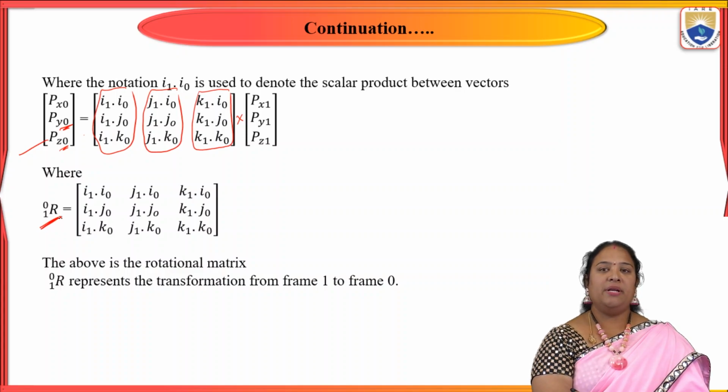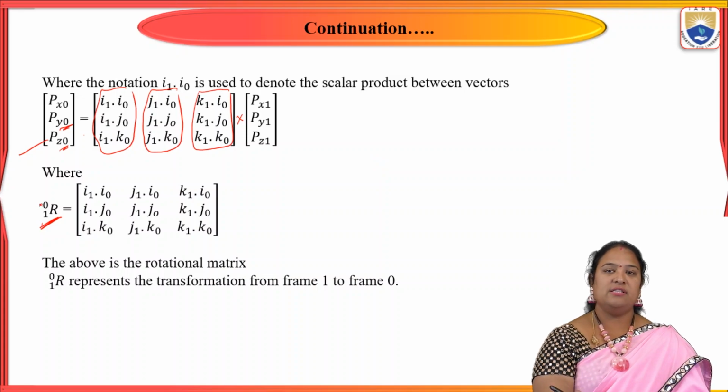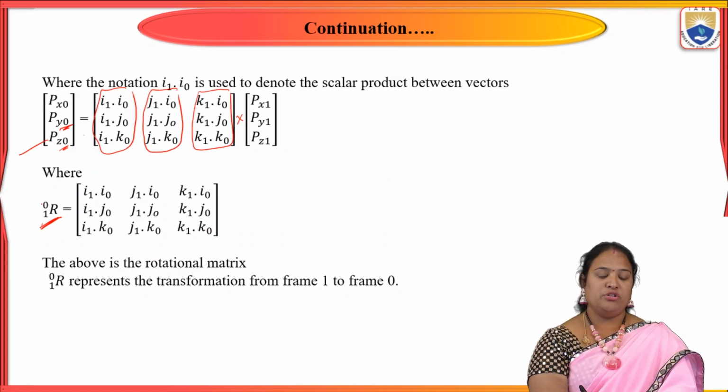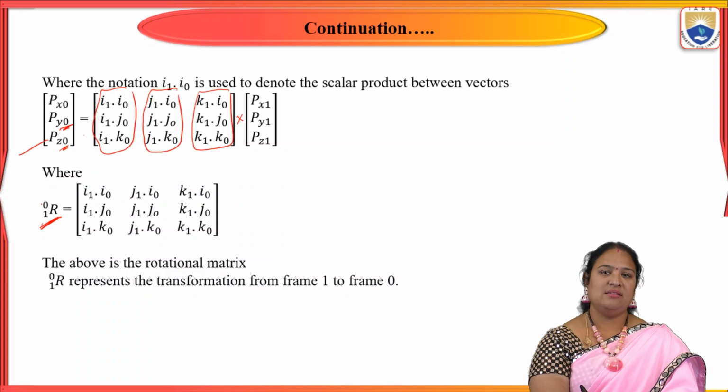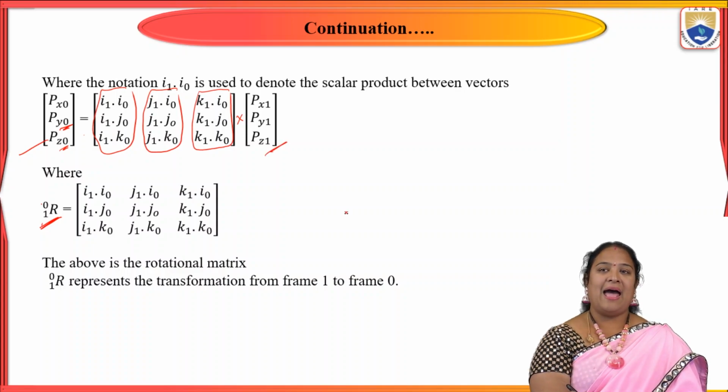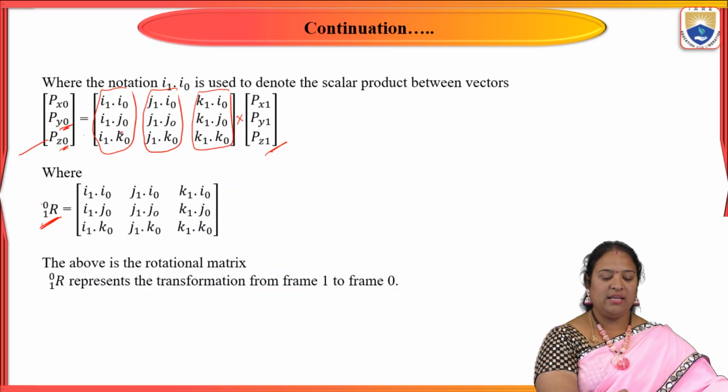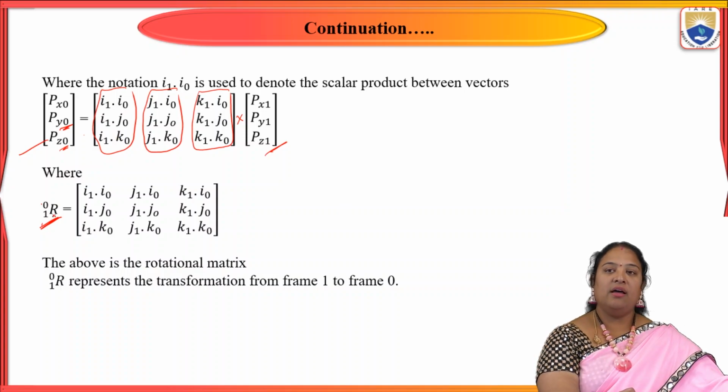representation of the projection from frame 1 to 0, right? The projection of the axes in terms of x0, y0, z0 is equal to the representation of the projection from frame 1 to frame 0 into the projection of the axes in terms of x1, y1 and z1. So here the representation of the projection from frame 1 to 0 is considered as columns 1, 2 and 3.